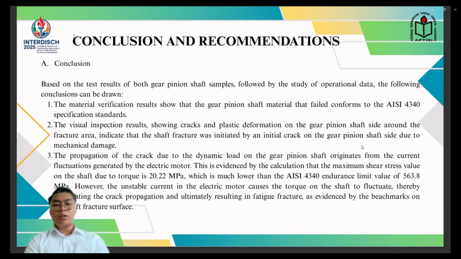However, the unstable current in the electric motor causes the torque on the shaft to fluctuate, thereby accelerating the crack propagation and ultimately resulting in the fracture, as evidenced by beach marks on the shaft fracture surface.